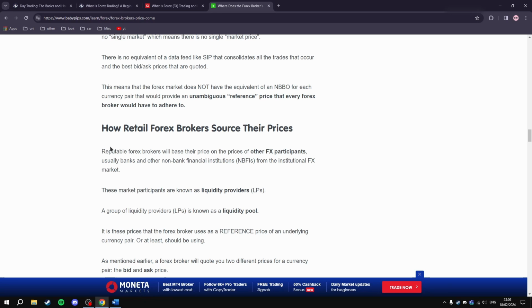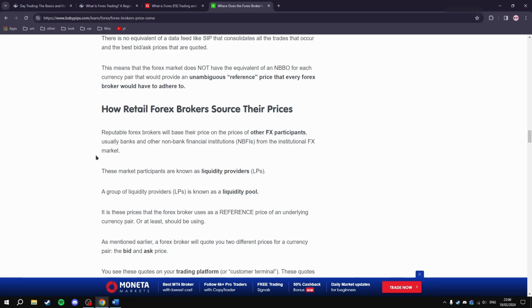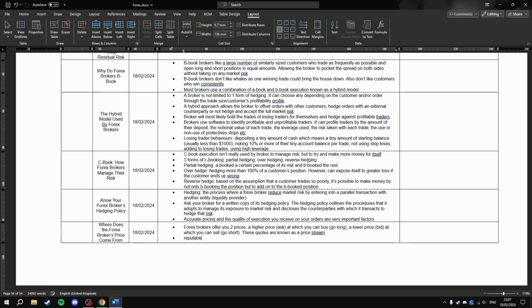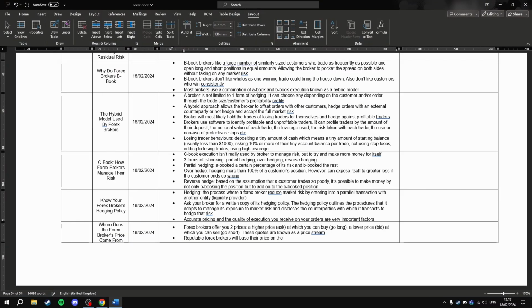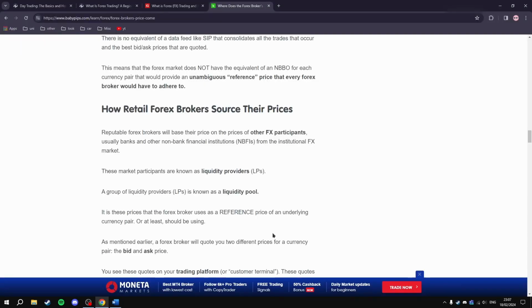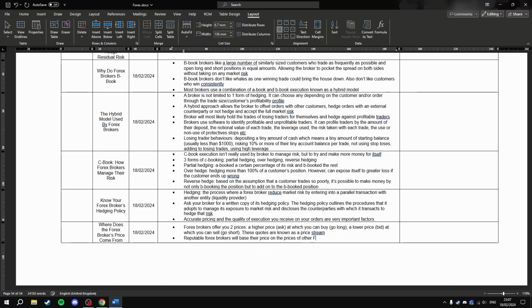How retail Forex brokers should source their prices. Reputable Forex brokers will base their price on the price of other FX participants, usually banks and other non-bank financial institutions, from the institutional FX market.